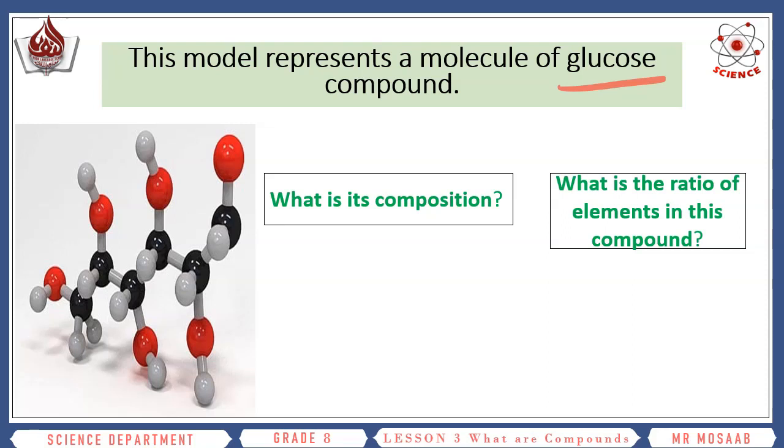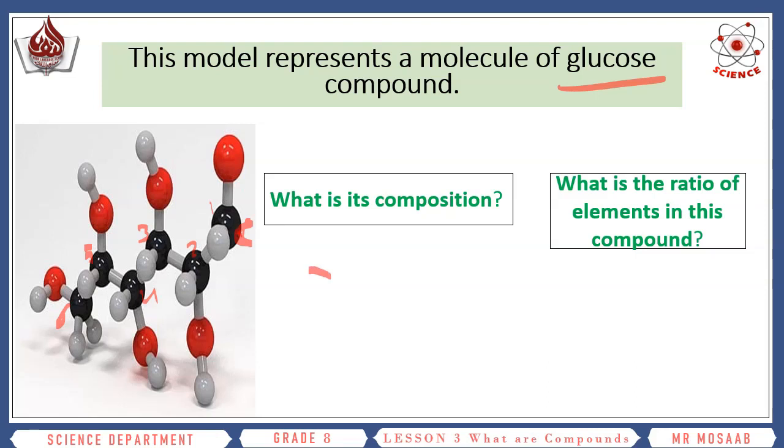We say that the black one is for carbon atom. How many carbon atoms do we have? We have 1, 2, 3, 4, 5, and 6. So we have 6 carbon atoms.